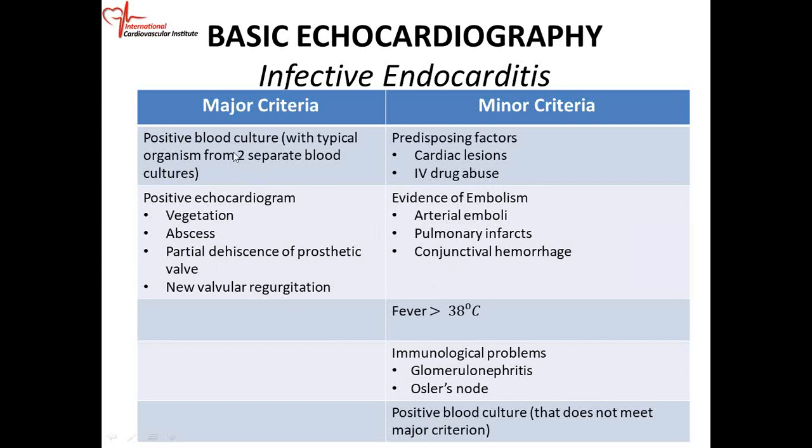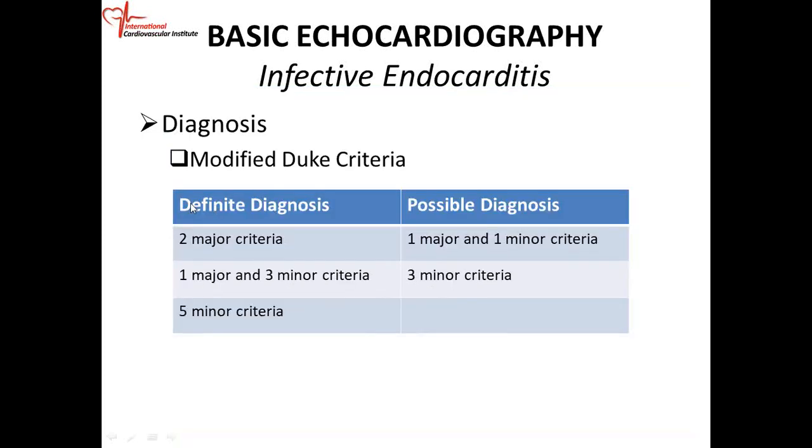So if you have 2 of the major criteria, positive blood cultures using the strict criteria, and then echo features such as vegetation, then okay. So again, for the definitive diagnosis of infective endocarditis, you need 2 major criteria, 1 major and 3 minor, or 5 minor. For possible diagnosis, 1 major and 1 minor, or 3 minor. Okay.